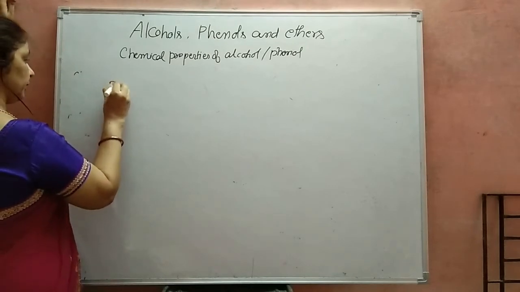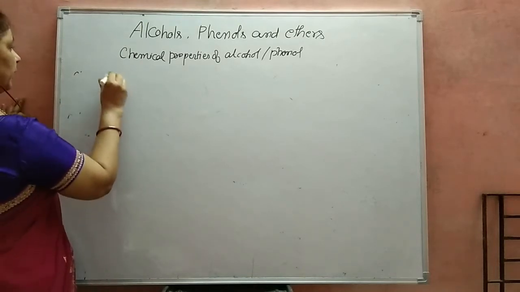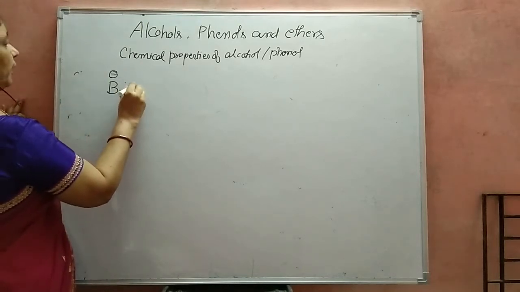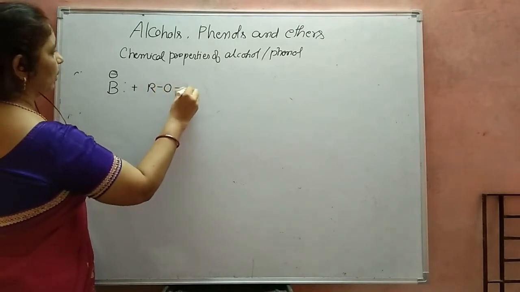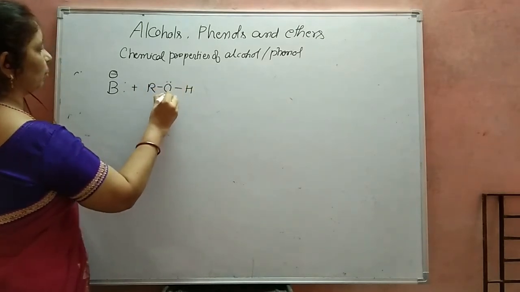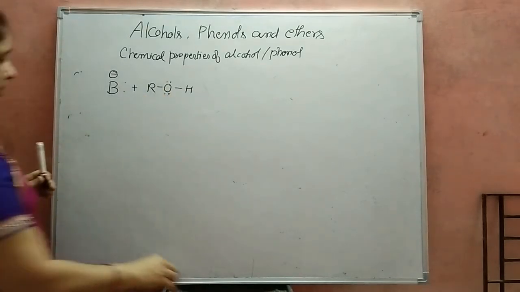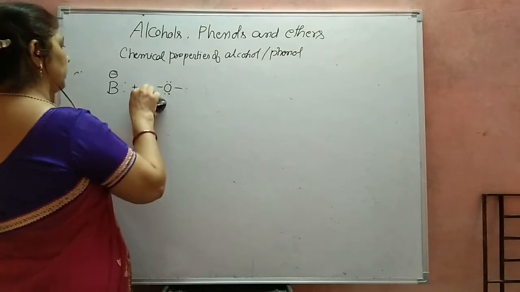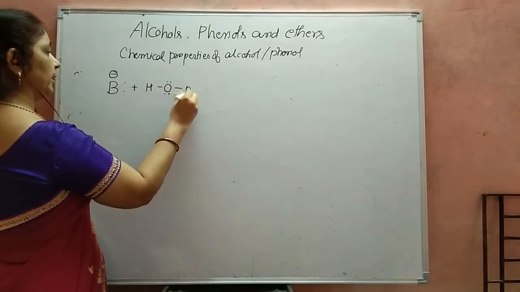This is a base which has a lone pair of electrons and is negatively charged, and it reacts with the alcohol which has two lone pairs of electrons. ठीक है, तो थोड़ा सा हम R को इधर बनाते हैं, H को इधर बनाते हैं, because we have to explain, okay.